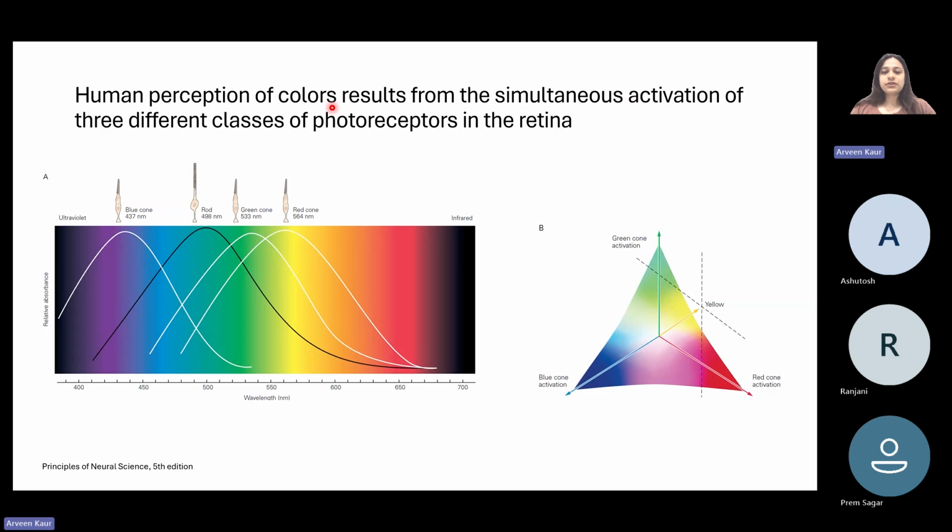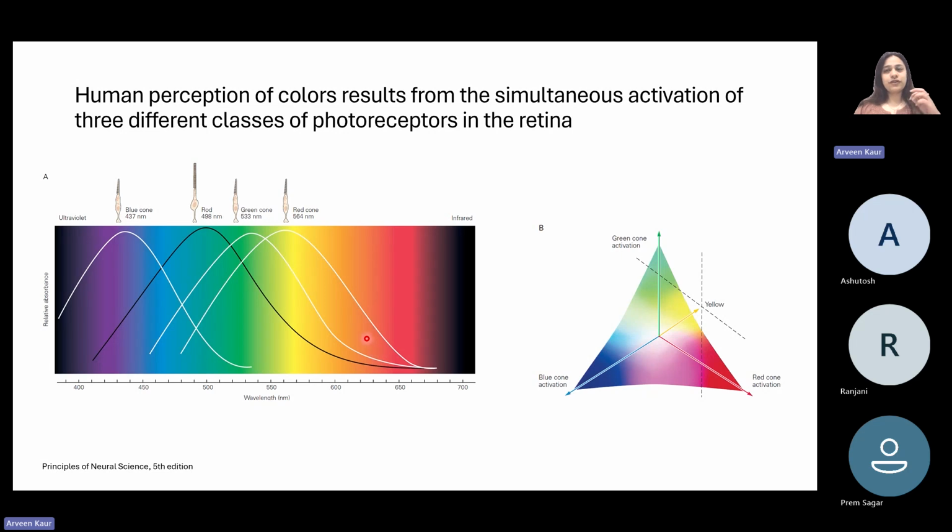So the human perception of colors results from the simultaneous activation of three different classes of photoreceptors in the retina. So we have three different classes of photoreceptors, and apart from that, we have another photoreceptor which is rods, right? So there are three types of cones and one rod. Over here you can see that the three types of cones are the blue, green, and red cone, right?